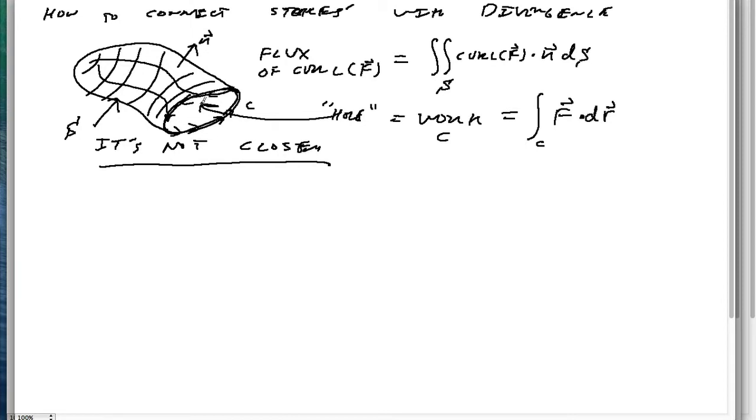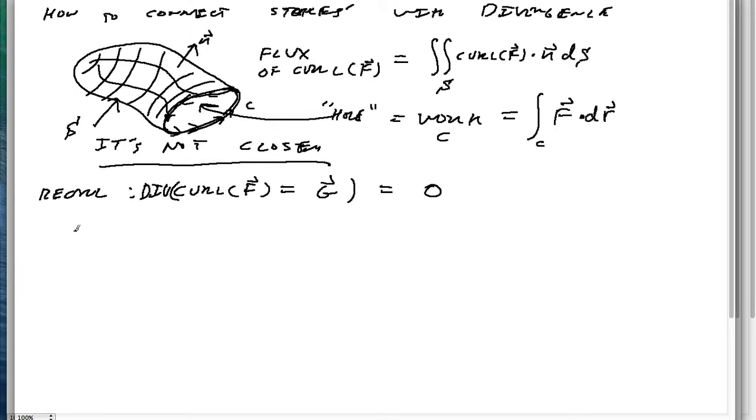We don't have this closure here, right? So recall also, one of the properties of the curl was that for any vector field, if we want to call that G, if we take the divergence of any curl field, it is always 0, right?